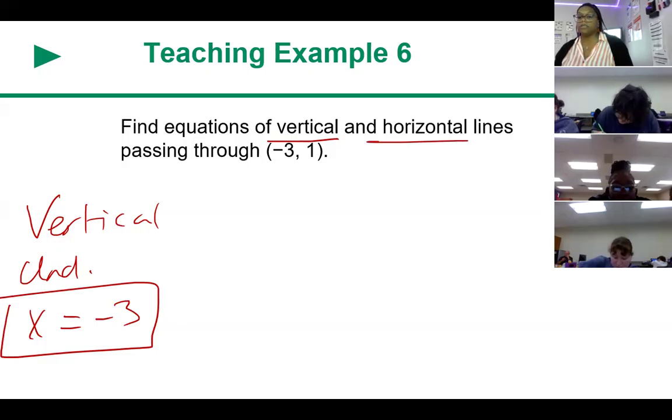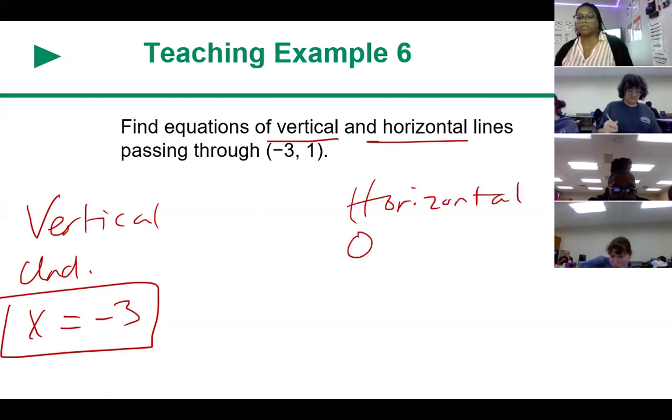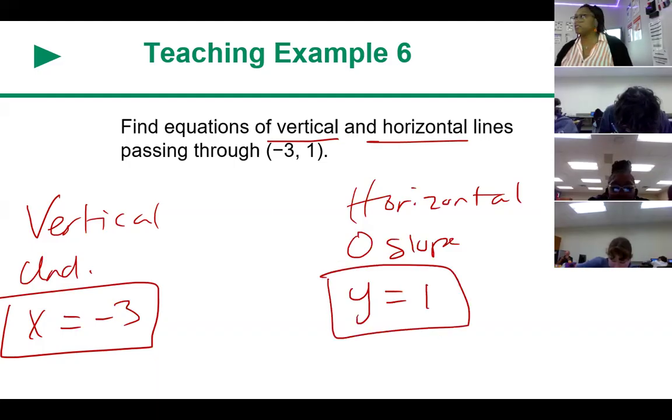Okay, then it says to write horizontal. Your horizontal is your line with a 0 slope, and it's y equals, and what is your y equal? 1, and that's it. It's more of a vocabulary thing.